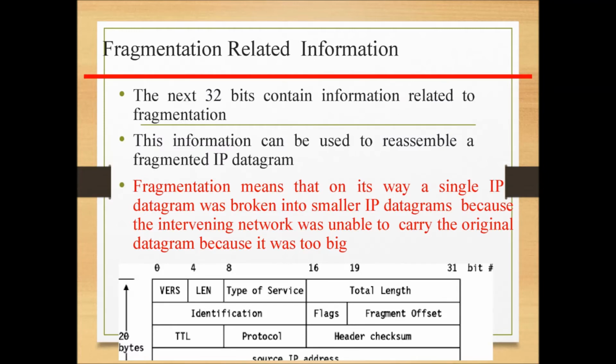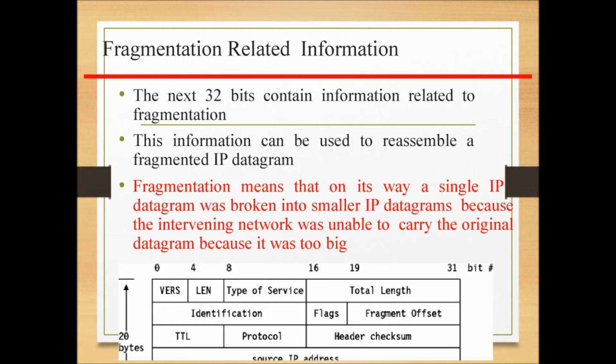Fragmentation related information. So dear students, fragments means small portions. If the size of a file is very large, then the data will be divided into small portions, and those small portions are called fragments. So we will see some definitions over here. The next 32 bits carry information related to fragmentation.